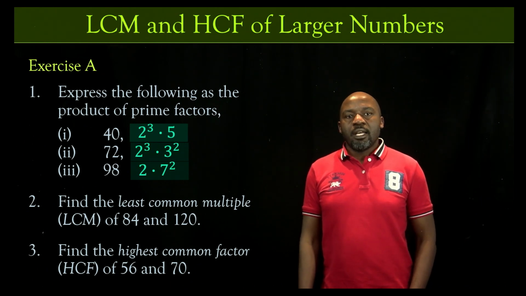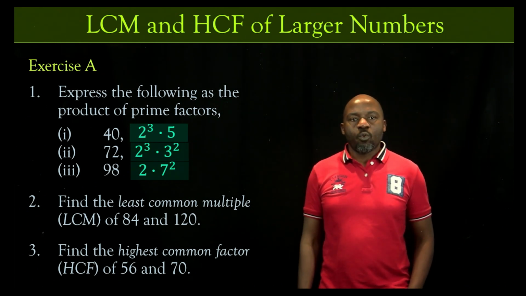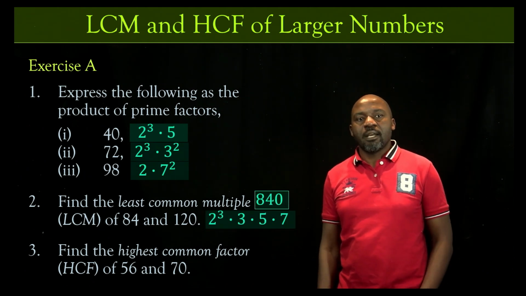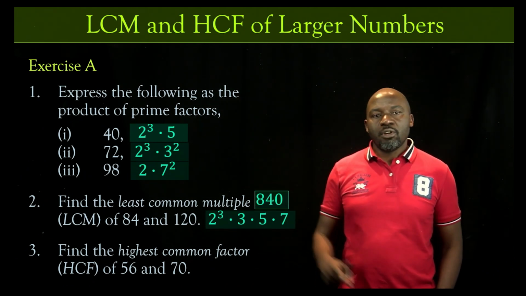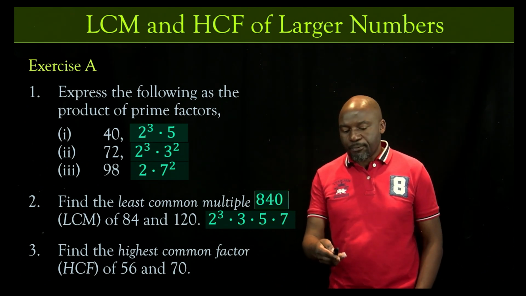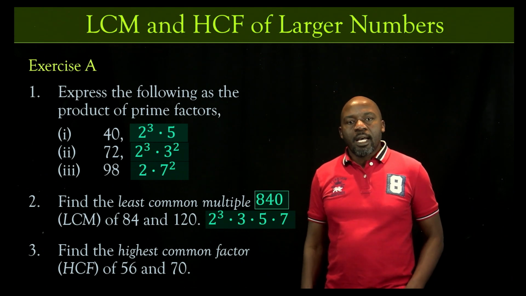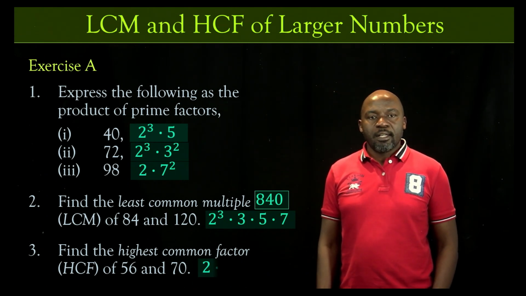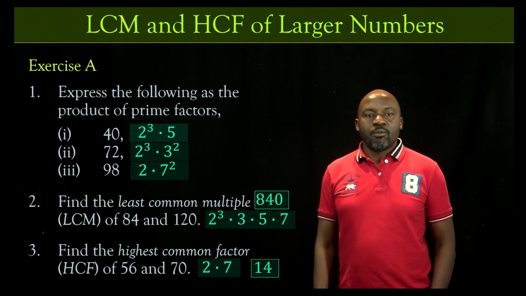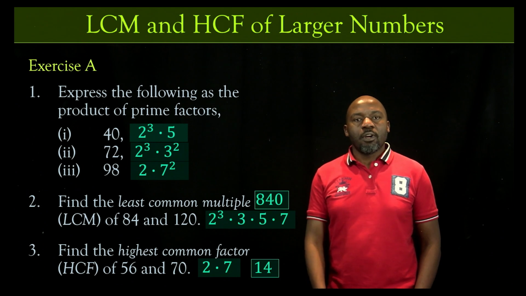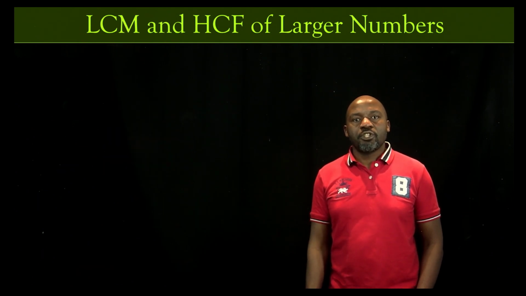What about the LCM of 84 and 120? If you've done this correctly, you should be getting the LCM is 2 cubed times 3 times 5 times 7, which turns out to be 840. And the HCF of 56 and 70 is 2 times 7, which is 14. Okay? Hope you got that right. Let's go to the next question.